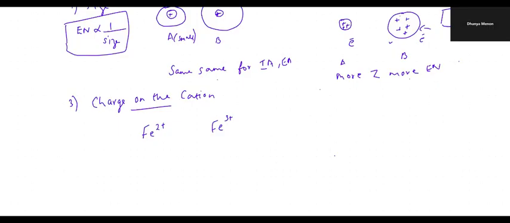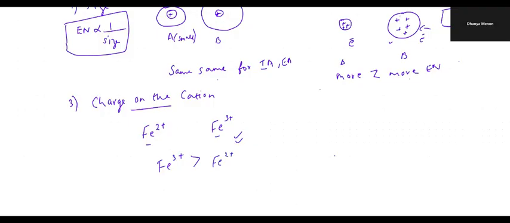Both have positive charges. Now, who will attract an electron more readily, Fe2+ or Fe3+? Obviously Fe3+, it has fewer electrons. So definitely Fe3+ will attract. So Fe3+ has a higher electron affinity than Fe2+.